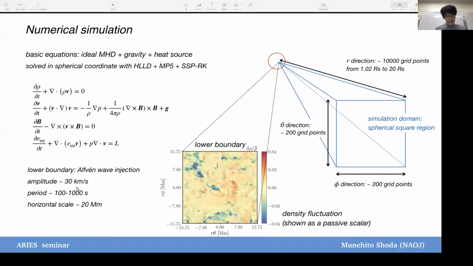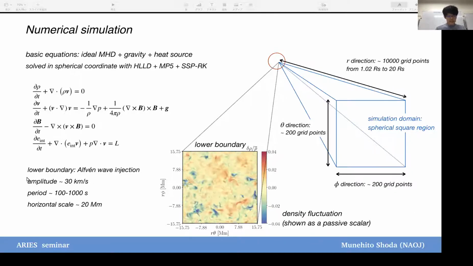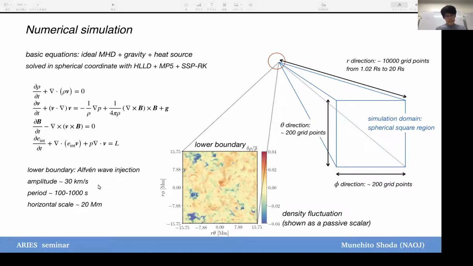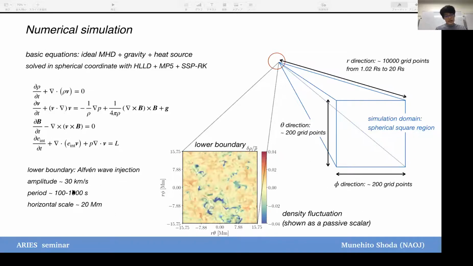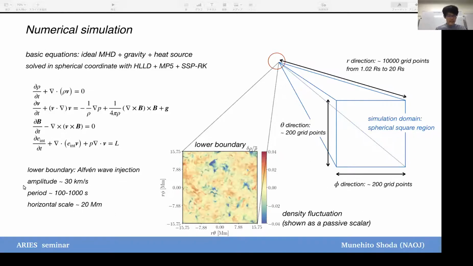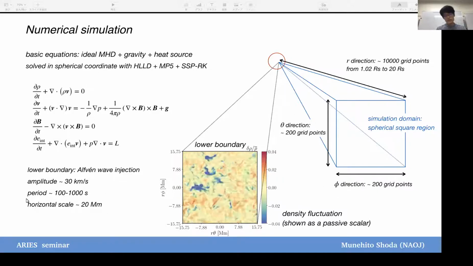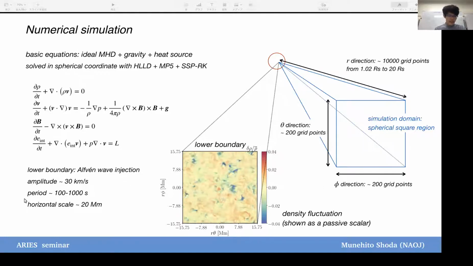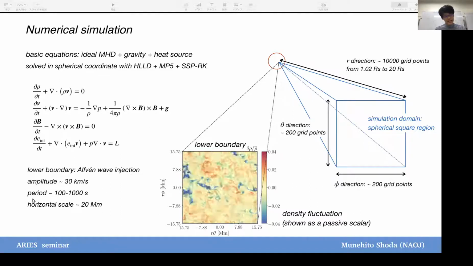And the amplitude of this Alfvén wave is set to 30 kilometers per second, which is not bad in terms of observation. And the period of the Alfvén wave is taken to be 100 to 1000 seconds. This is actually corresponding to the time scale of the granulation. So it is also not a bad value.